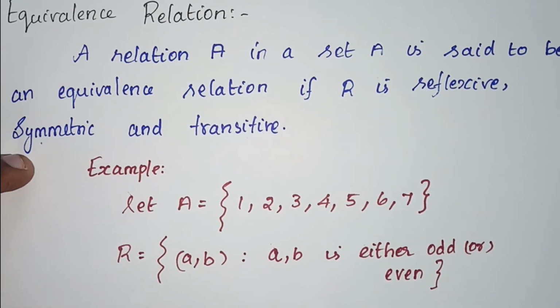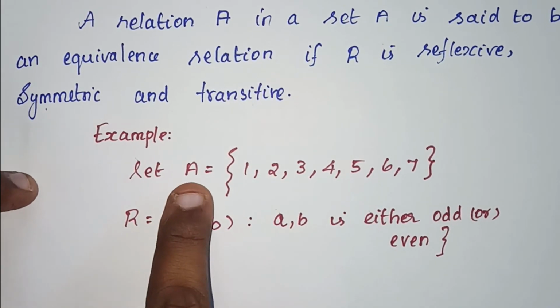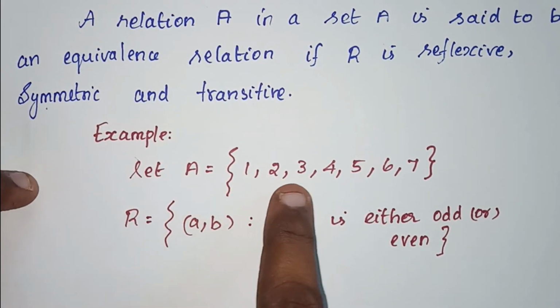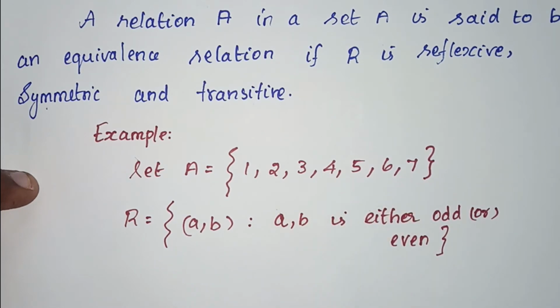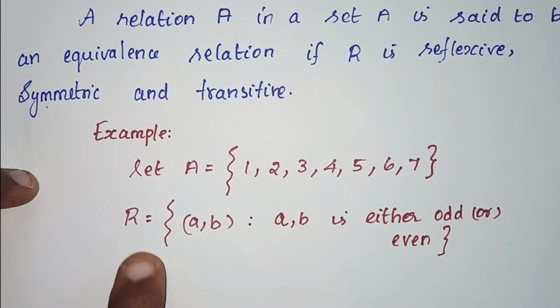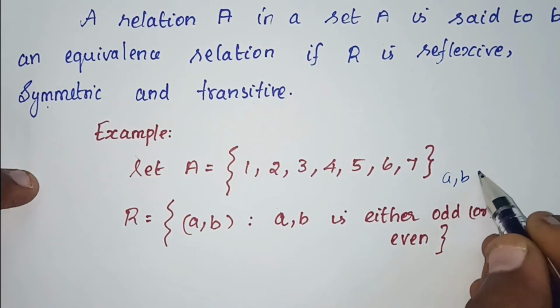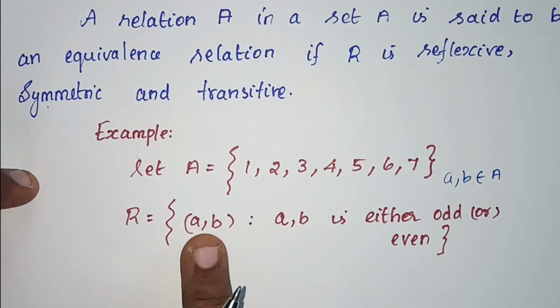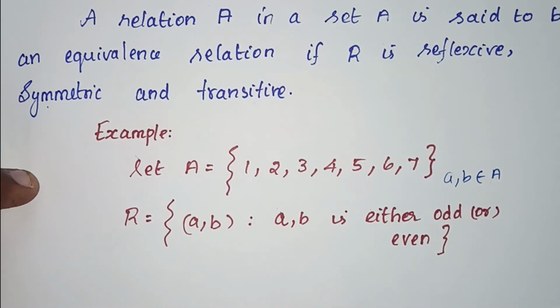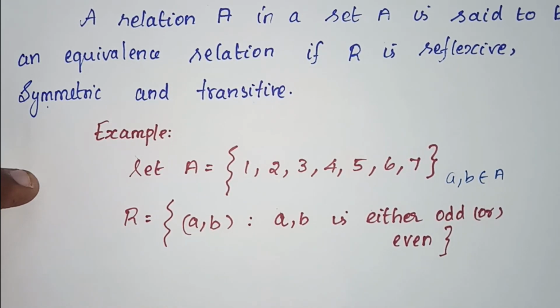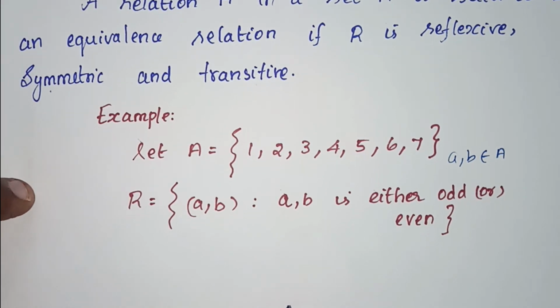So let us take one example. In this example, set A consists of 1, 2, 3, 4, 5, 6 and 7. The relation given is: A comma B belongs to this set, where A and B are either both odd or both even.